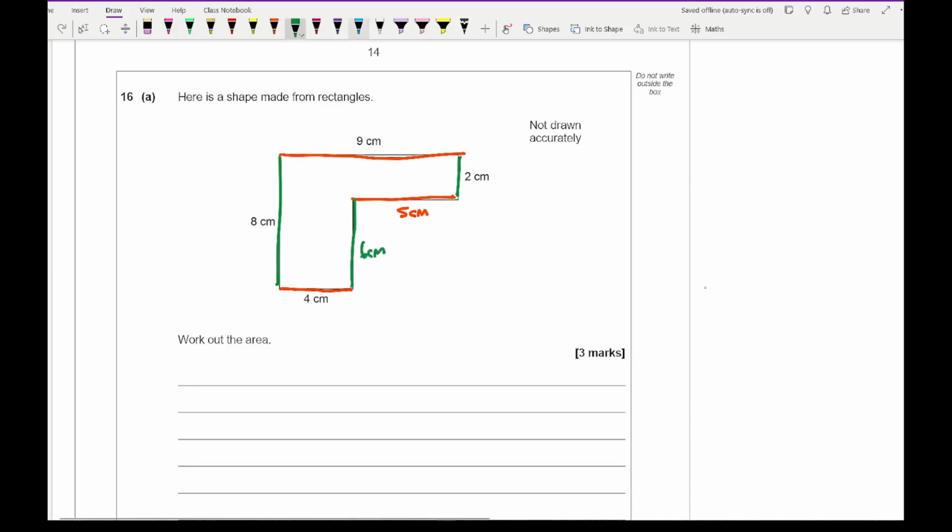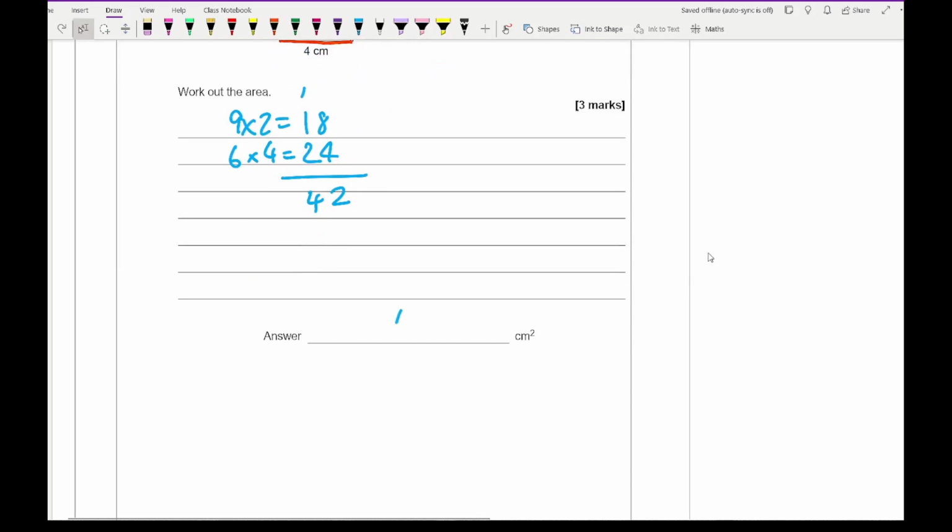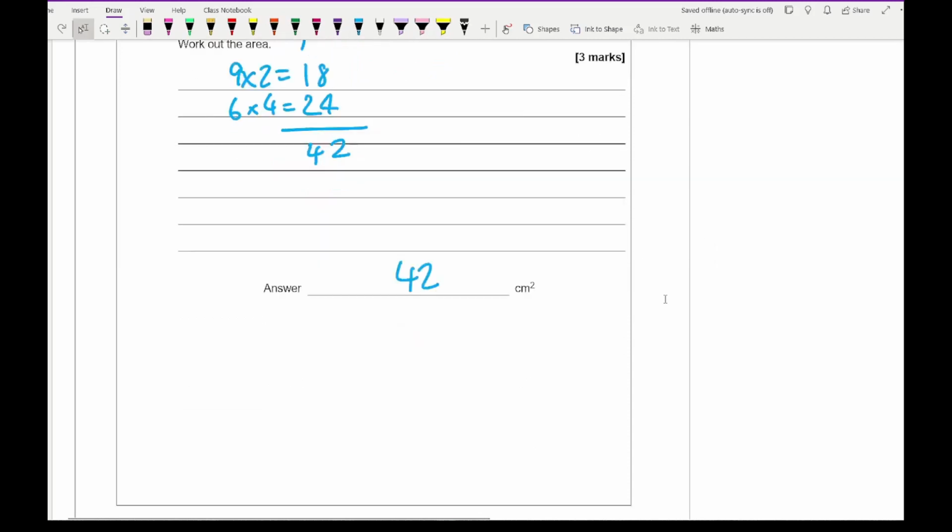So from this, all I need to do is split the shape into two rectangles. Let's split it there. So this one is going to be 9 times 2 and this one's going to be 6 times 4. So 9 times 2 is 18. 6 times 4 is 24. And if we just simply add those numbers up, we get 42. So the area then is 42 centimetres squared.